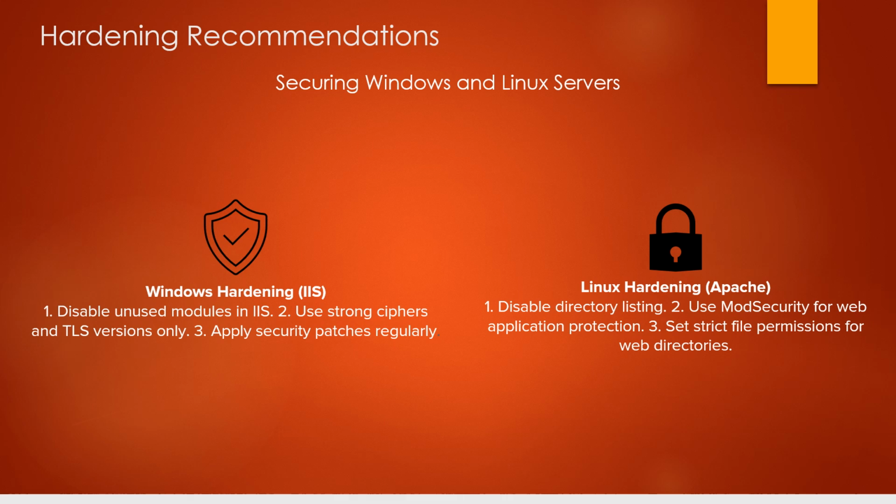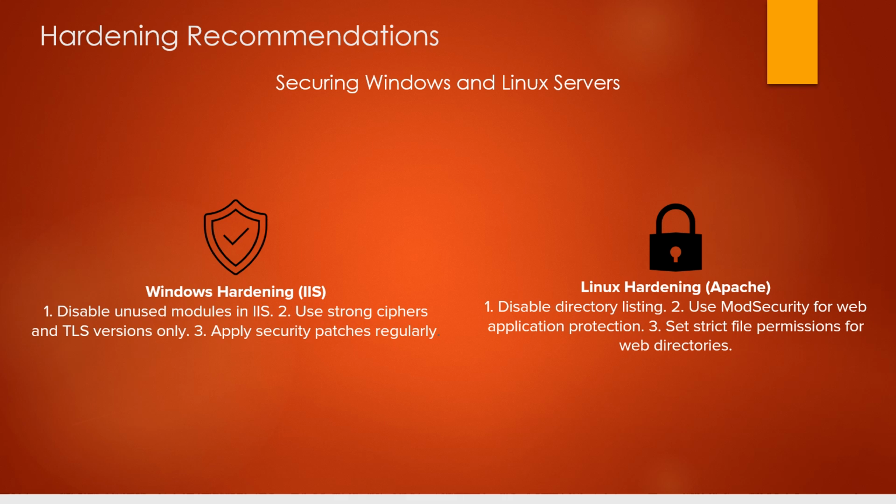A few hardening recommendations. Hardening your servers is critical to preventing security breaches on Windows, especially with IIS. Disabling unused modules reduces the attack surface. Also, implementing strong ciphers and keeping the system up to date with security patches are essential for minimizing vulnerabilities.